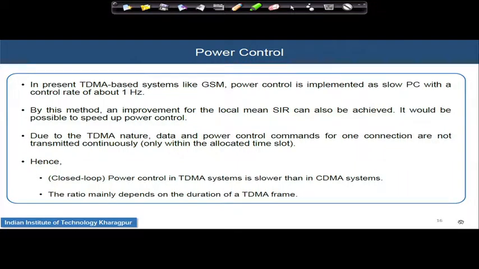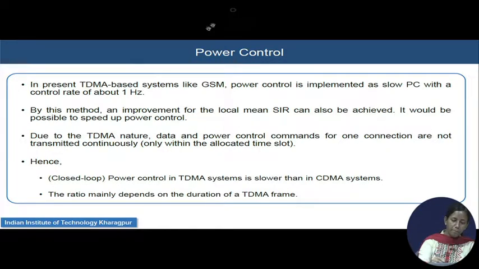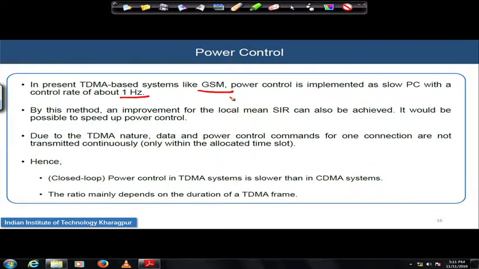At present, in TDMA based systems like GSM, the power control is implemented, which is a slow power control, and the control rate is about 1 Hertz for GSM. By this method an improvement for the local mean of SIR can be achieved, that we have already discussed, and it would be possible to speed up the power control also.